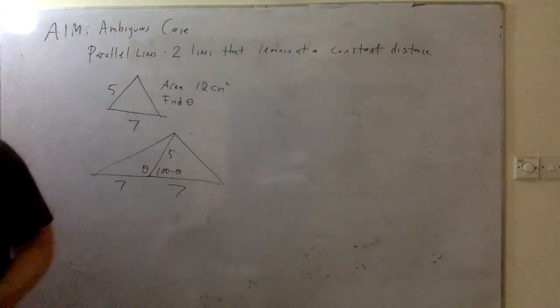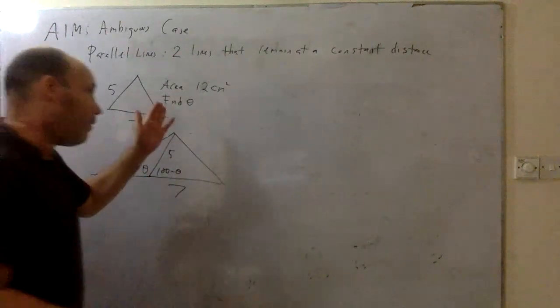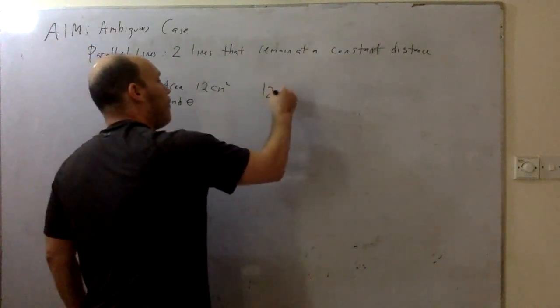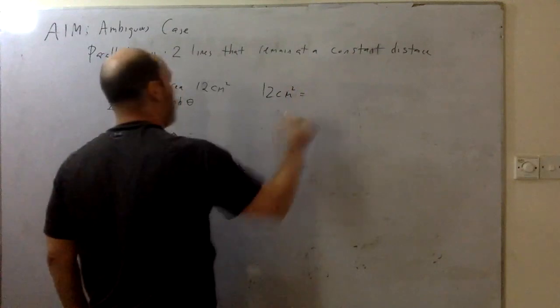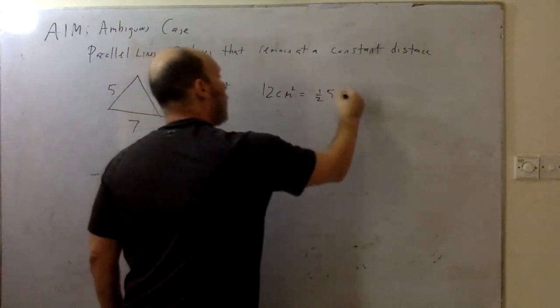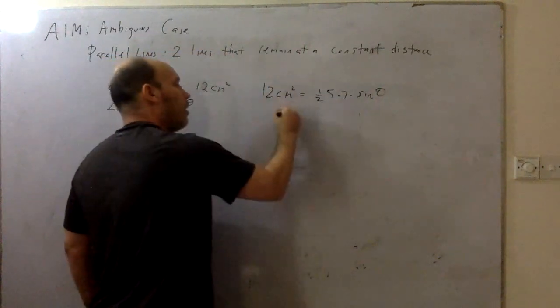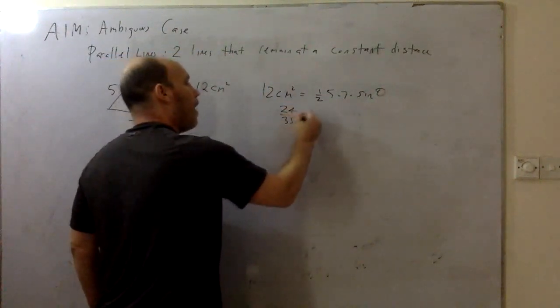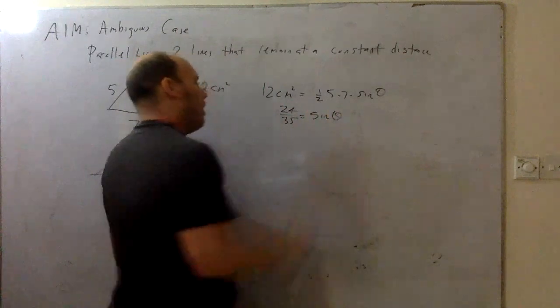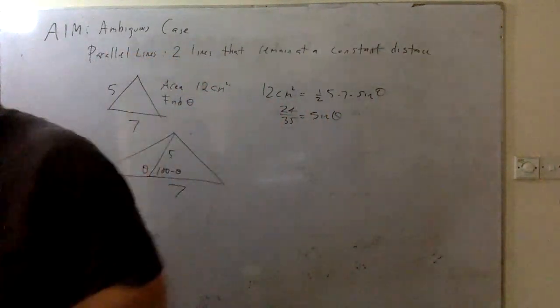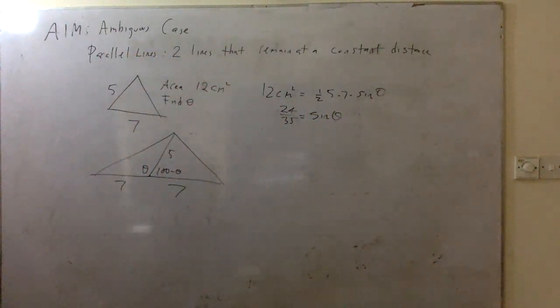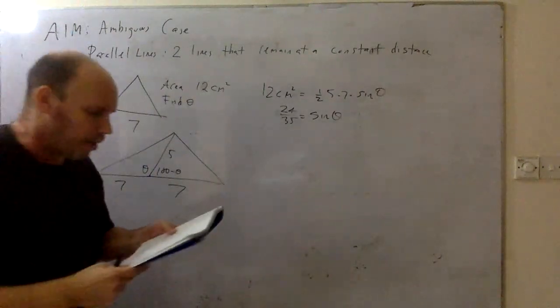So you can see already, okay, no big deal, Mr. Adler. Plug it in the formula. So 12 centimeters squared is equal to 1/2 times 5 times 7 times sine of theta. Let's see, 24 divided by 35 equals sine of theta. Obviously, it's a calculator problem. We'll get there in a little bit when it's not going to be a calculator problem.